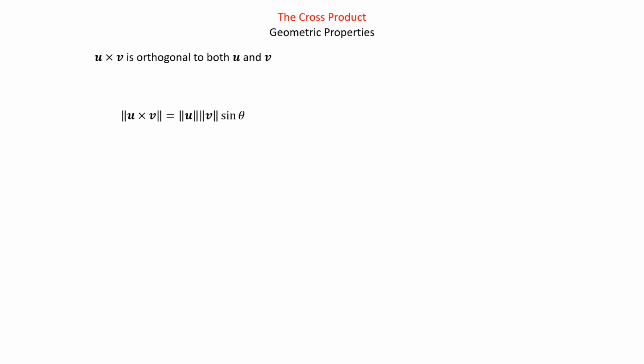The magnitude of u cross v equals the magnitude of u times the magnitude of v times sine of theta, which we could do a little bit of division to get sine theta equals the magnitude of u cross v over magnitude u magnitude v, and that gives us another way of finding that angle in between u and v, because that's what that angle is.